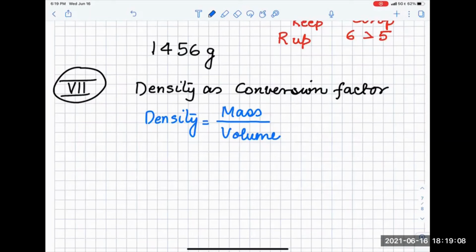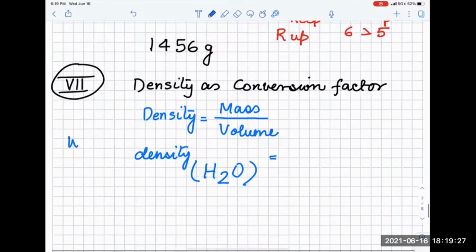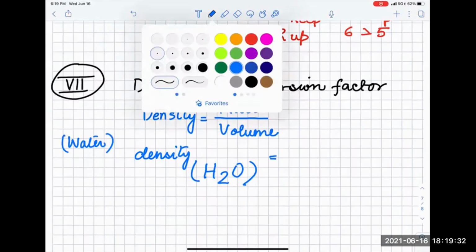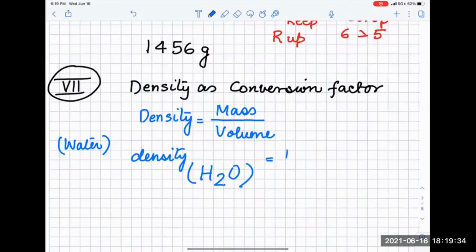This means that for, let's say, the density of water, H2O, you guys should know this by now, is equal to 1.03 grams per milliliter.